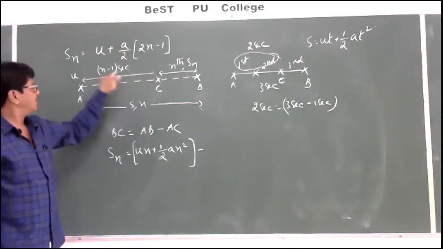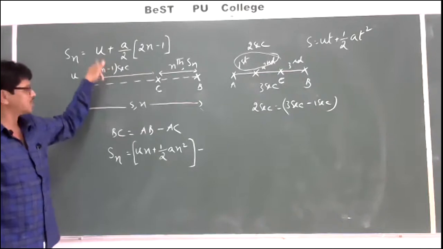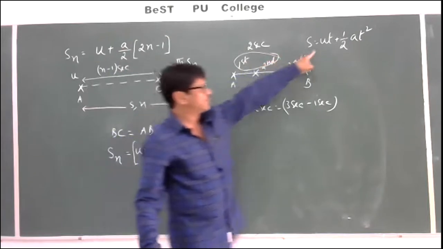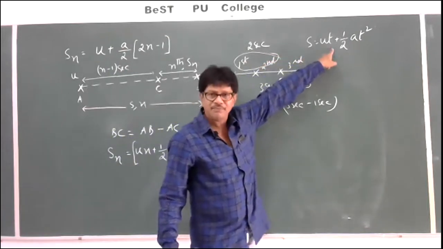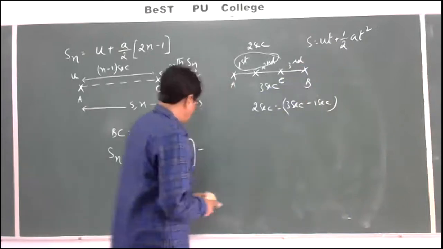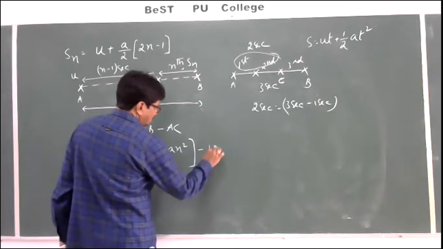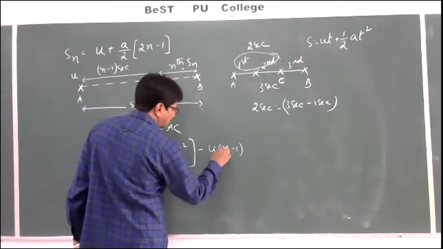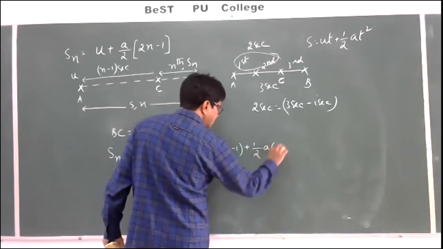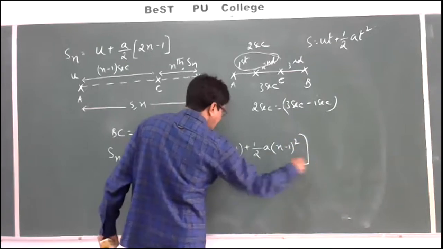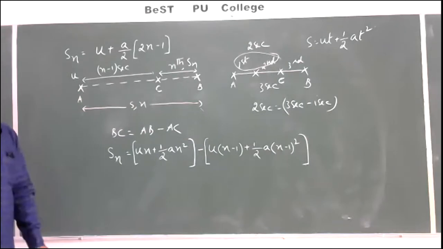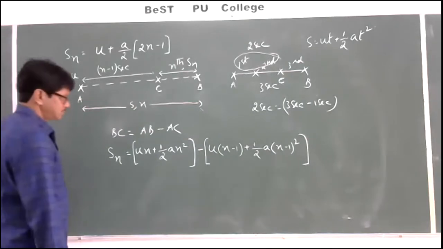Then the same formula we have to use, but instead of t, we take n minus 1. Now this will become u into n minus 1 plus half a into n minus 1 whole square. That's all.